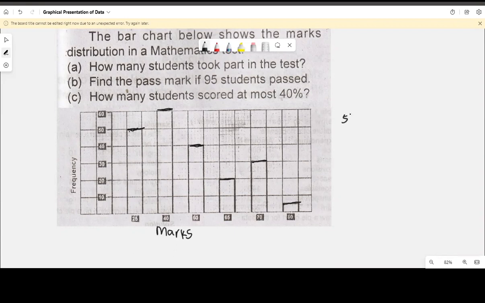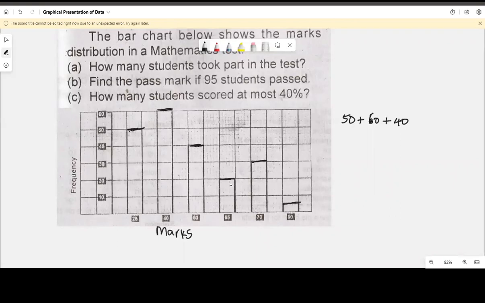That is 50 plus 40. How many people score 40? 60 students score 40. Then how many score 60? 40 students.